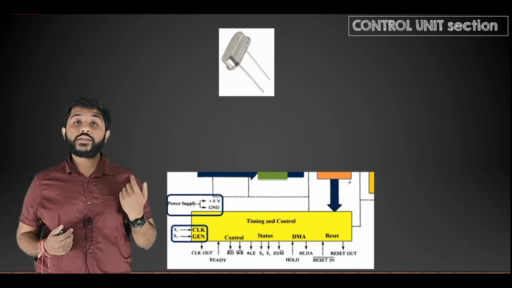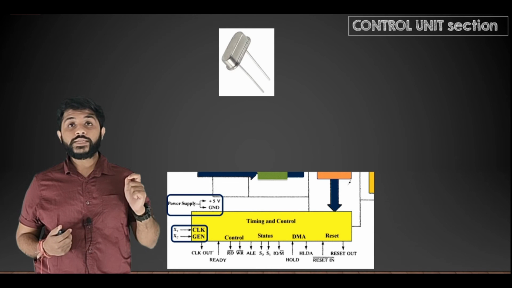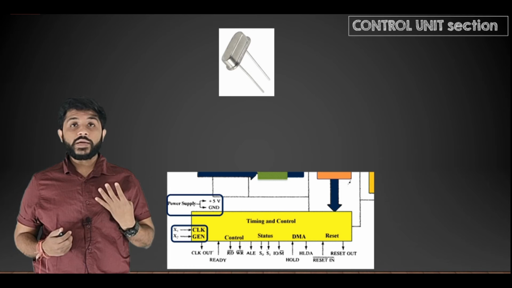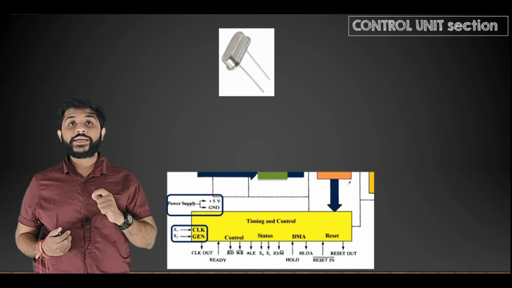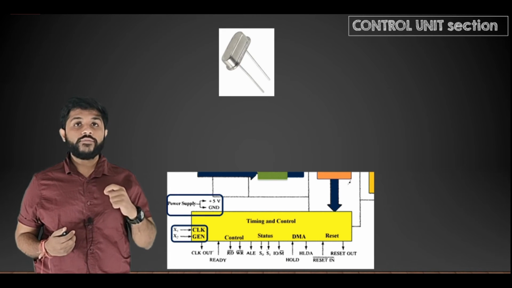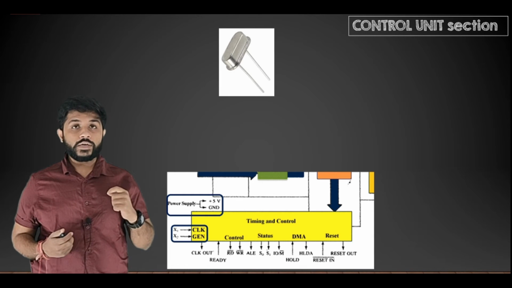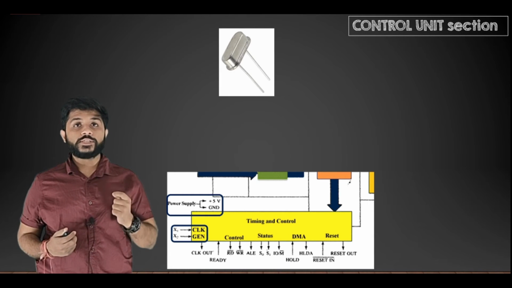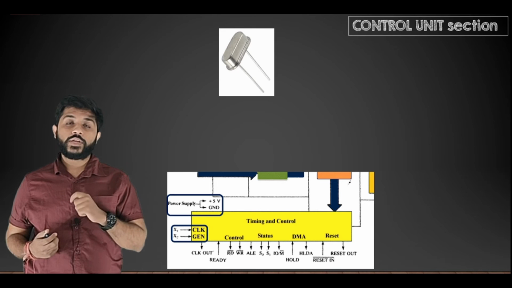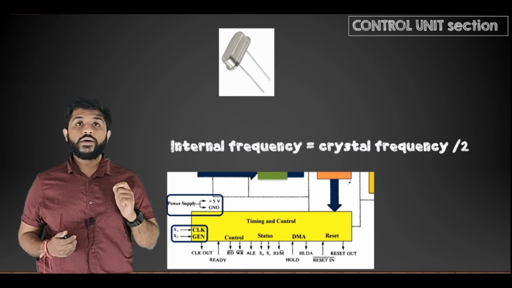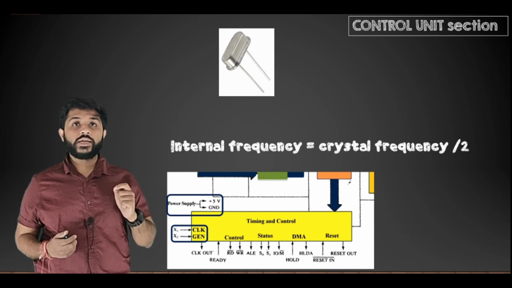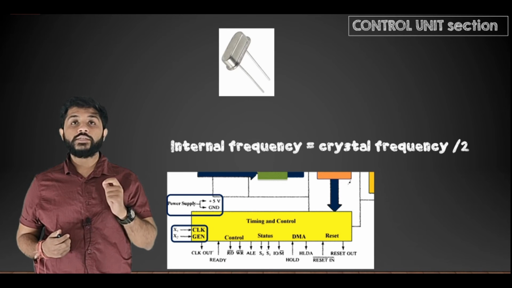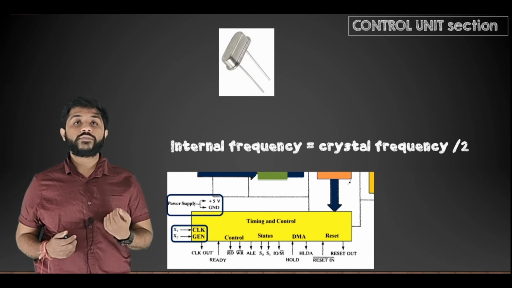If we provide a crystal frequency of 4 MHz, the processor will operate at 2 MHz. If you provide a crystal of 6 MHz, the processor will work at 3 MHz. So the internal or working frequency of the microprocessor is the crystal frequency divided by 2.